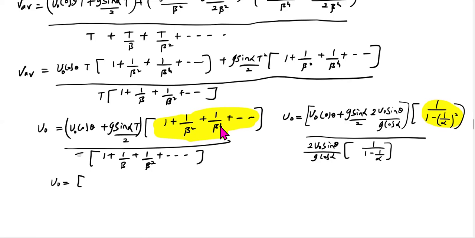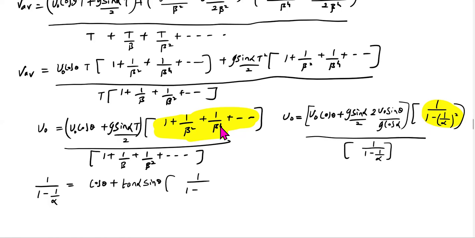Then t will not be there. Okay, the u naught will get eliminated, so this will become 1 by 1 minus 1 by alpha equal to cos theta plus, g and t will get eliminated, so tan alpha sin theta, 1 divided by 1 minus alpha square.